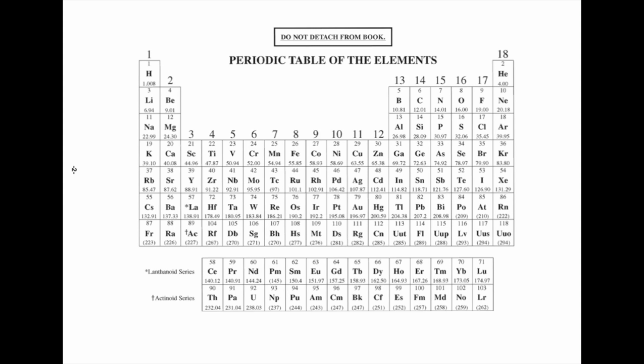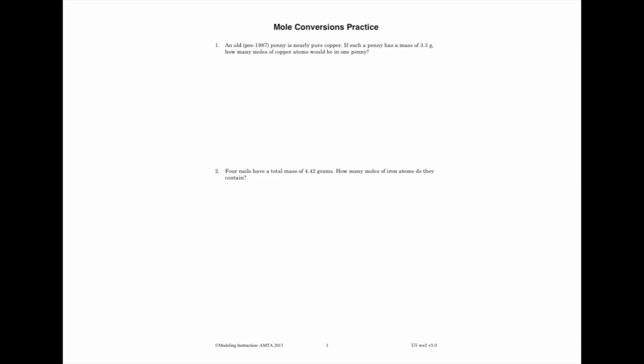And then I've also provided 2 practice questions that are related to doing mole conversions. So what I would encourage you to do is take the periodic table and these 2 questions, go ahead, give these a try, and pause the video and come back, and I will do the solutions of it just to make sure that your answers are correct.